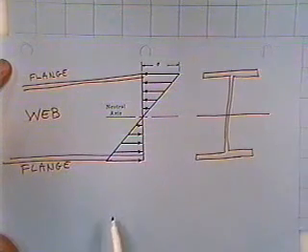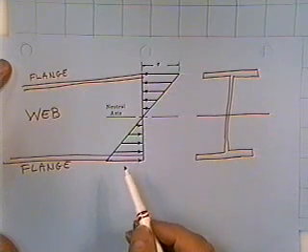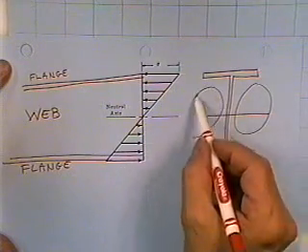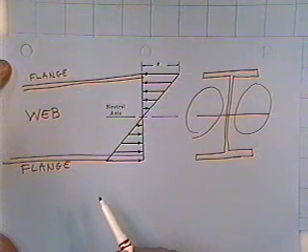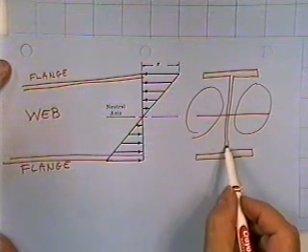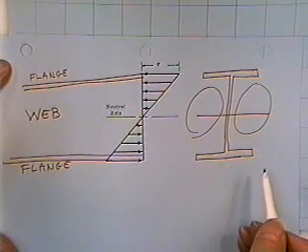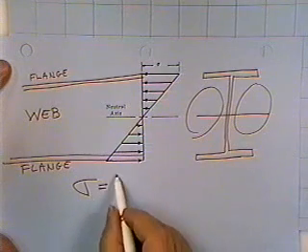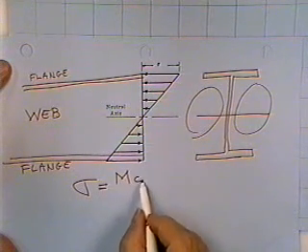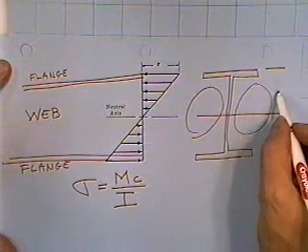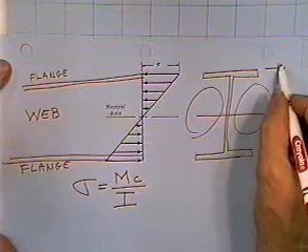There's your neutral axis. You'll notice that the top and bottom fibers are the most highly stressed, and that's why they cut all this steel out of here. It was pretty much a waste, so they shoved it up on the top and bottom flange, and they leave just enough steel in the web to hold the thing together. Those bending stresses are bending moment, C distance, I moment of inertia. There's your C distance.